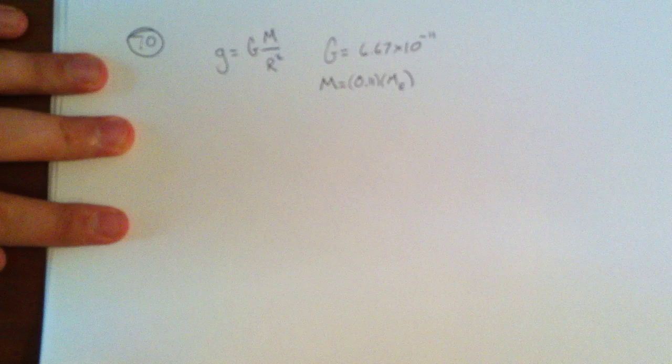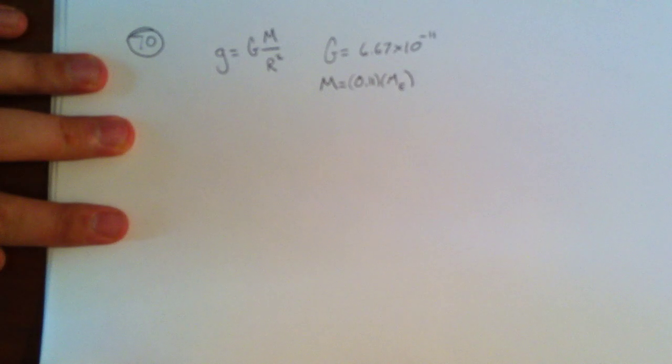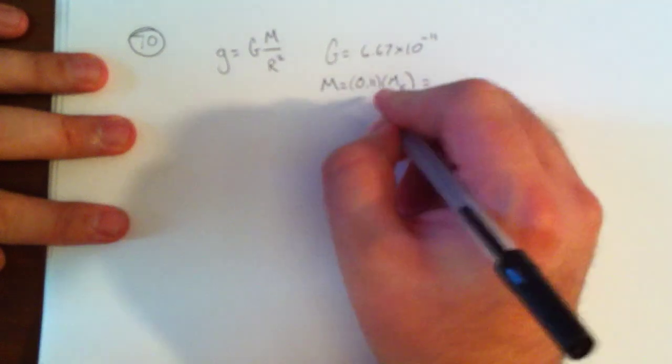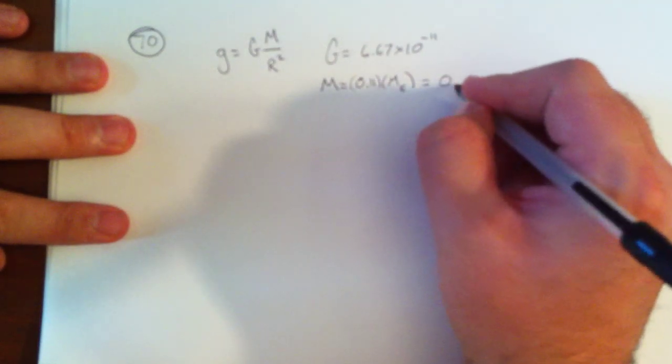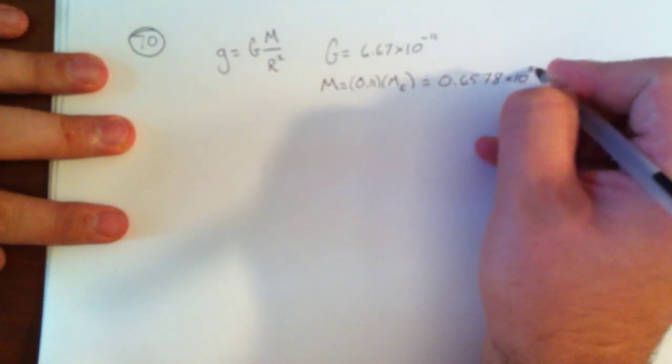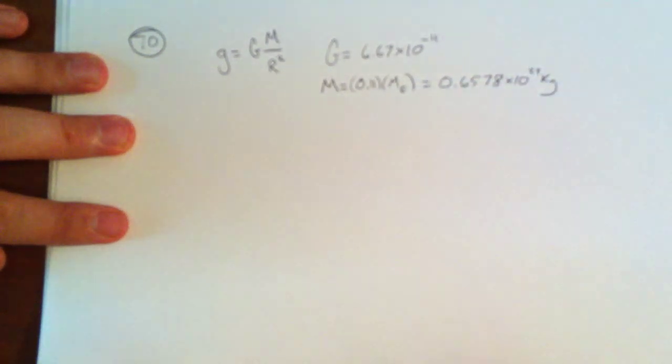The mass of Earth is given on page 84, I believe. Let me check. Yep, the bottom of page 84 gives you Earth's mass, which is 5.98 times 10 to the 24th. When you multiply that by 0.11, you end up with 0.6578 times 10 to the 24th kilograms.